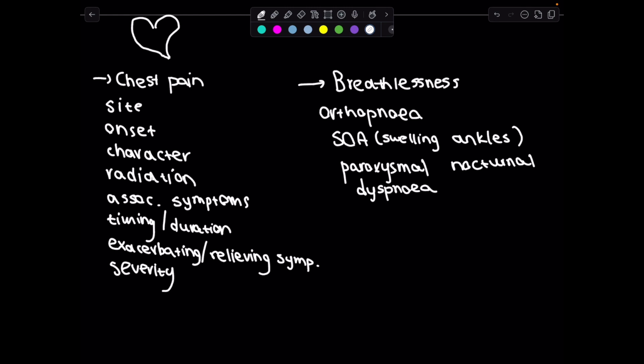which isn't exercise dependent. Past medical history to ask for cardiovascular issues. Heart conditions: prior heart attack, angina, heart failure. Hypertension, diabetes, high cholesterol, atherosclerosis risks. Smoking history: pack-years, a major PAD and heart disease risk.